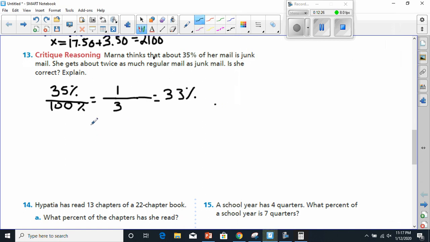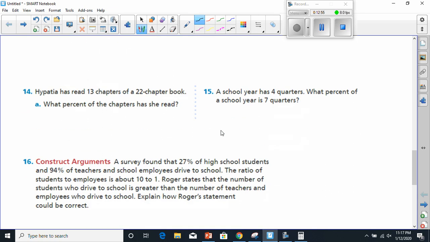They're saying she thinks about 35% of her mail is junk mail. I would say 35 is pretty close to 33. So is she correct? I would say yes, and my explanation would be that 35% is very close to 33%. All right, let's go to number 15.